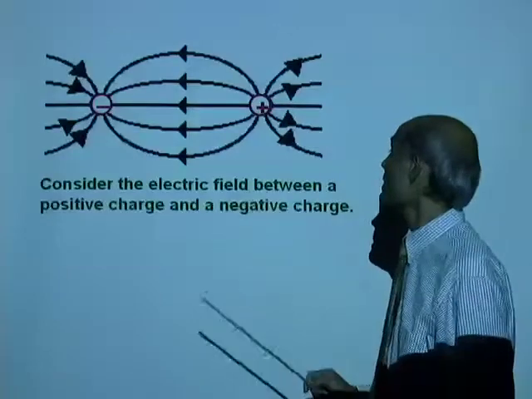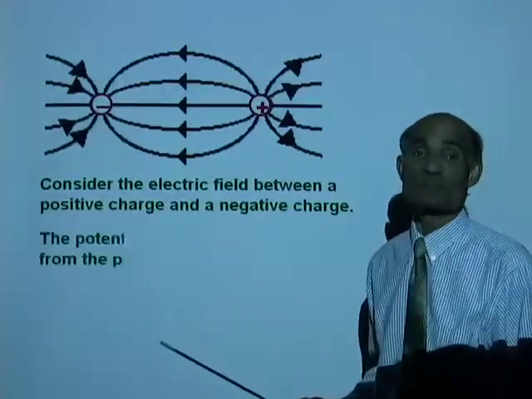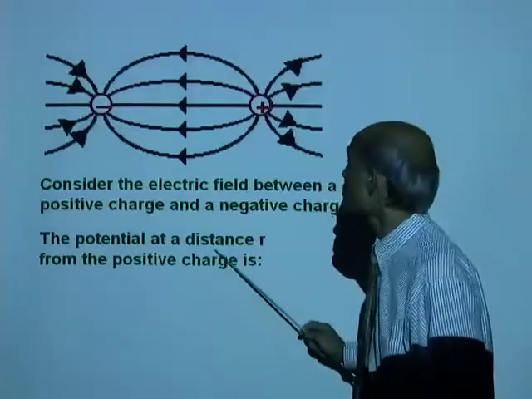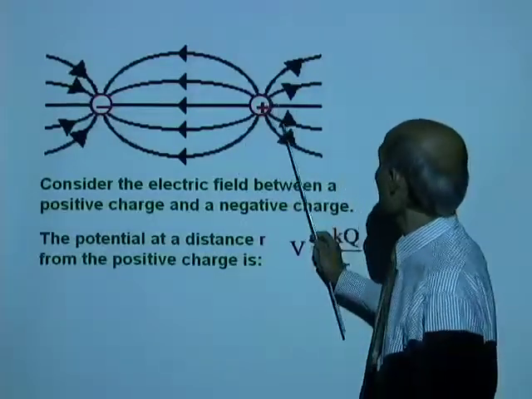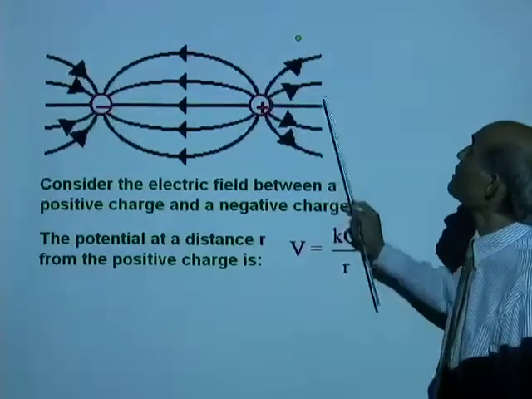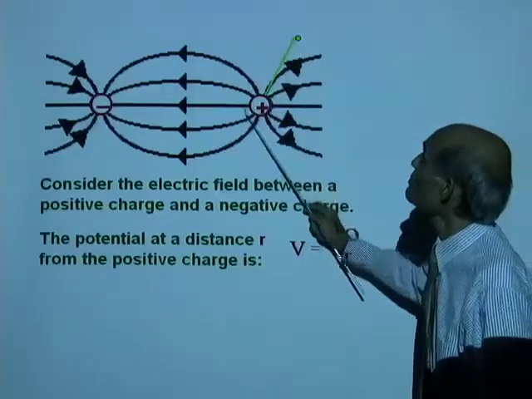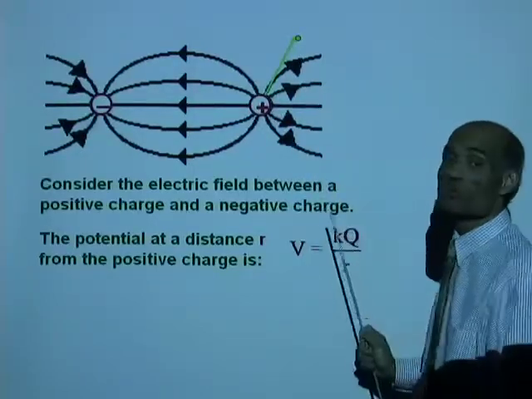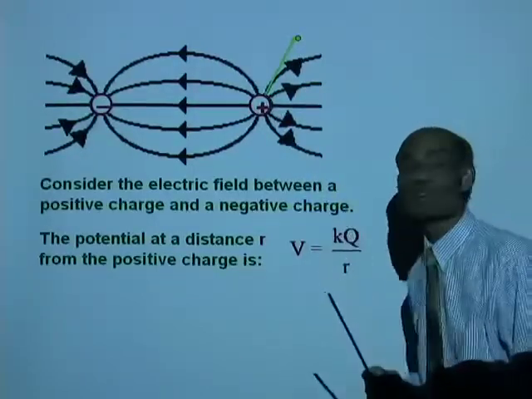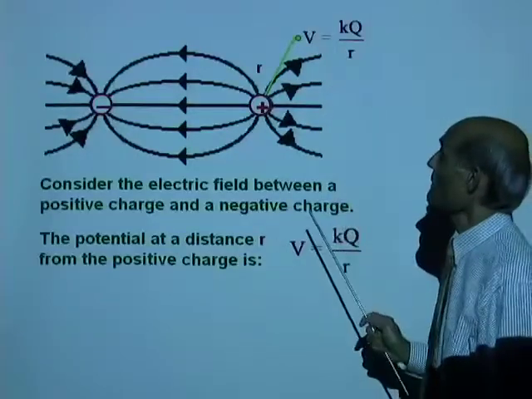Consider the electric field between a positive charge and a negative charge. The potential at a distance R from the positive charge will be positive KQ over R. The potential at this point due to this positive charge Q will be positive KQ over R. There you are.